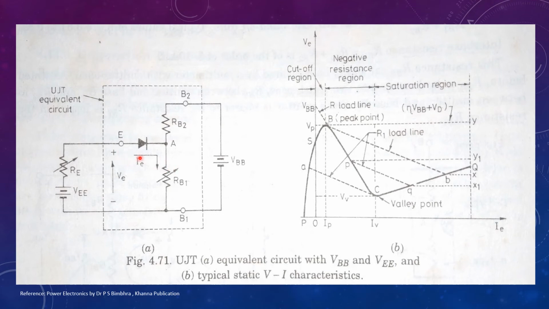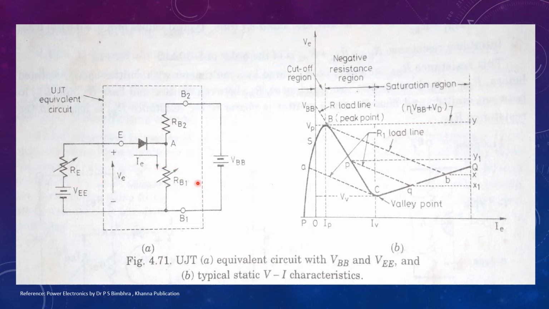As IE increases, the value of RB1 decreases and more holes are injected into the base region, thereby further reducing RB1 and so on. This regenerative or snowballing action continues up to a point when RB1 reaches a small value. The emitter current IE is given by VEE minus VD divided by RB1 plus RE.